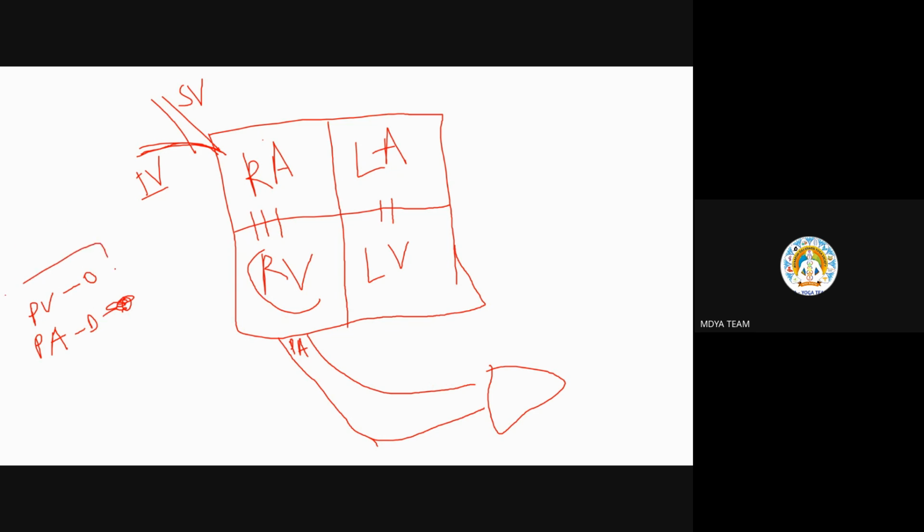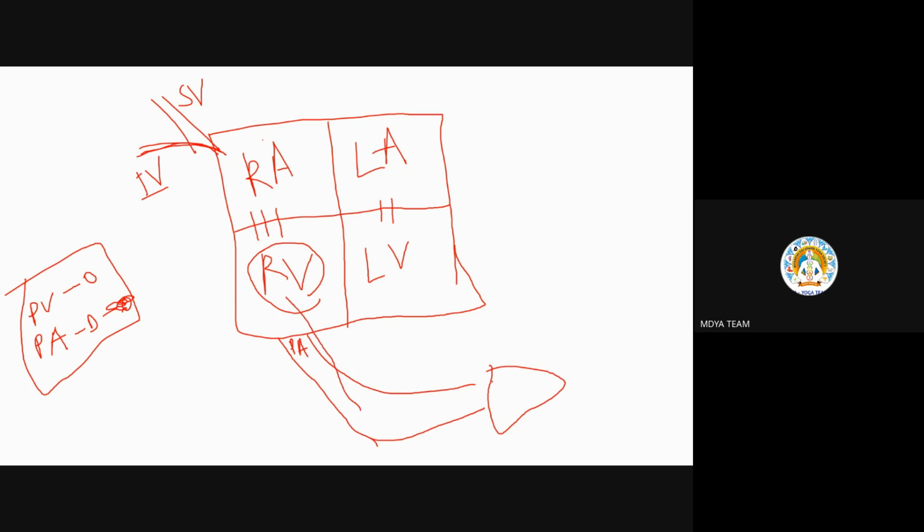Otherwise I could only speak. So the pulmonary artery, as an exception, carries deoxygenated blood to your lungs.